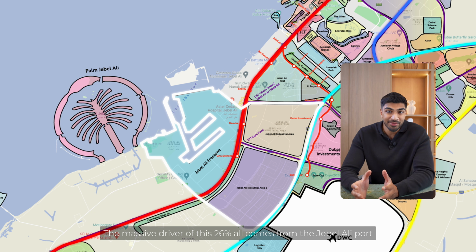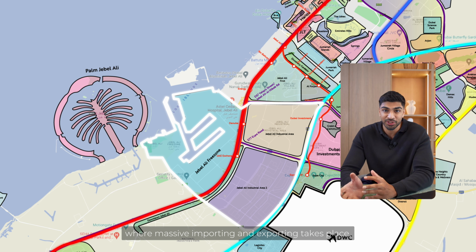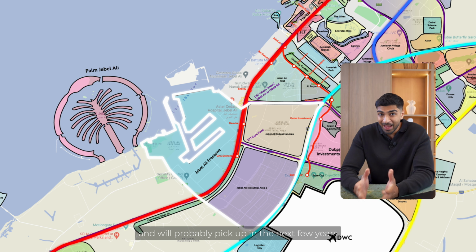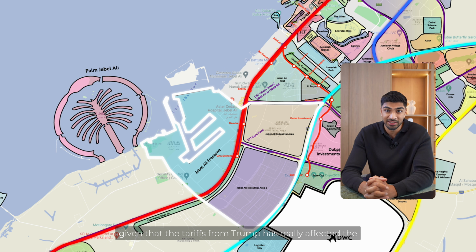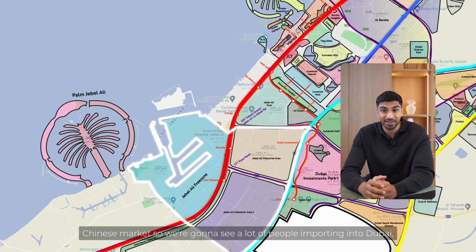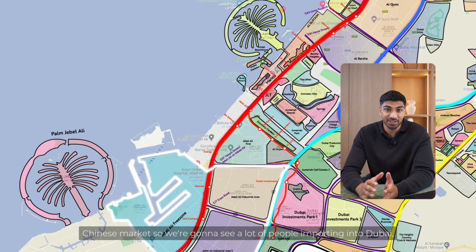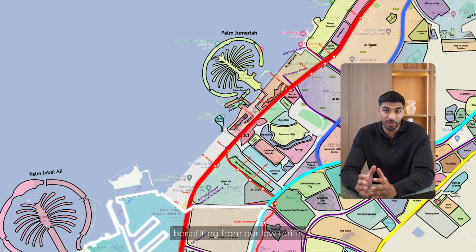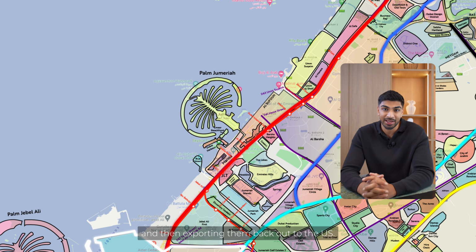The massive driver of this 26% comes from the Jebel Ali port, where massive importing and exporting takes place and will probably pick up in the next few years, given that the tariffs from Trump have really affected the Chinese market. So we're going to see a lot of people importing into Dubai, benefiting from our low tariffs, and then exporting back out to the US.